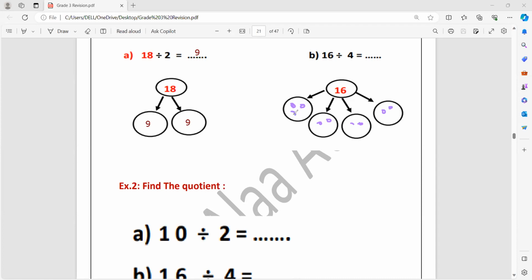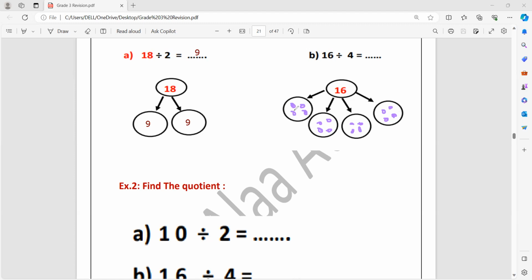Complete 9, 10, 11, and 12. We need to complete 13, 14, 15, and 16. So stop because we reached the dividend, which is 16.